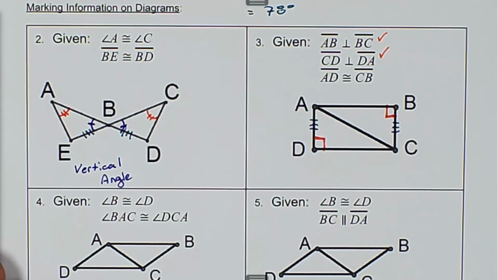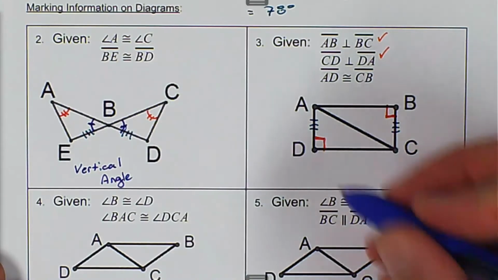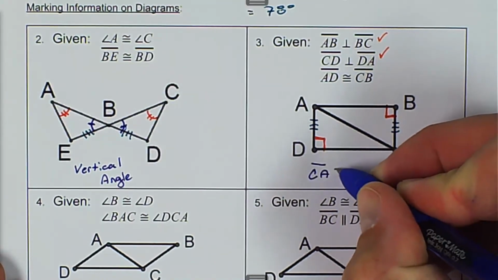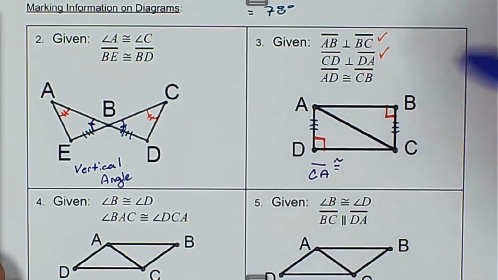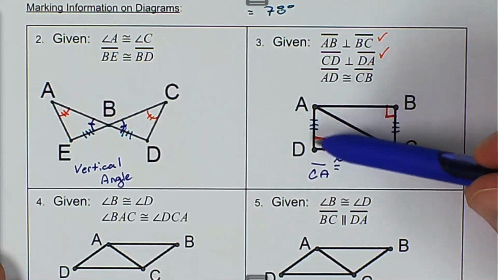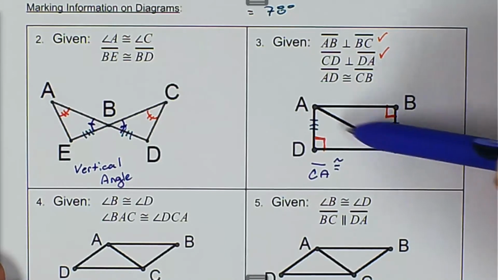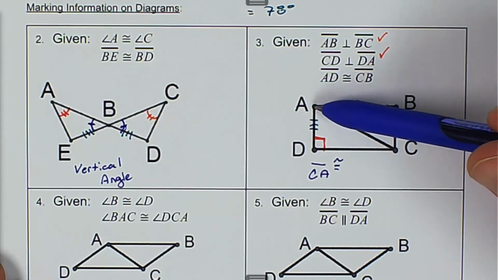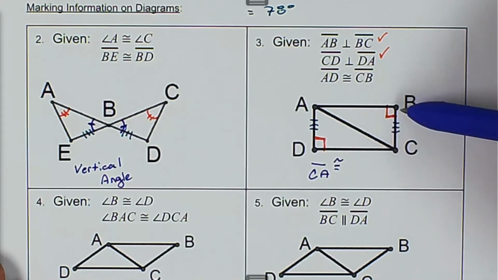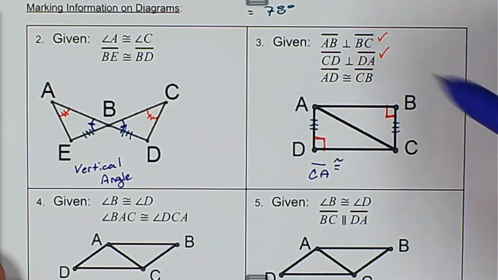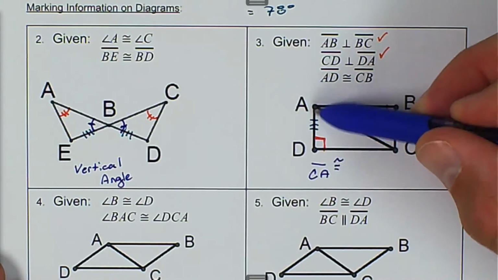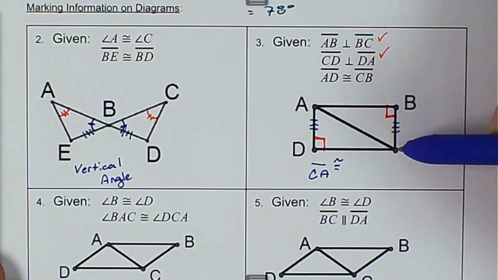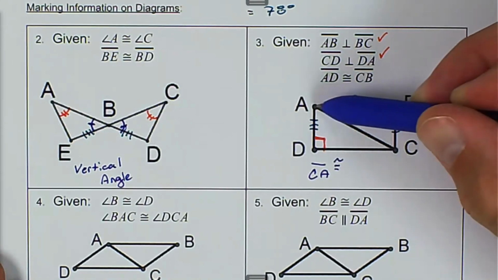So we can say that triangle ADC is congruent to CBA.